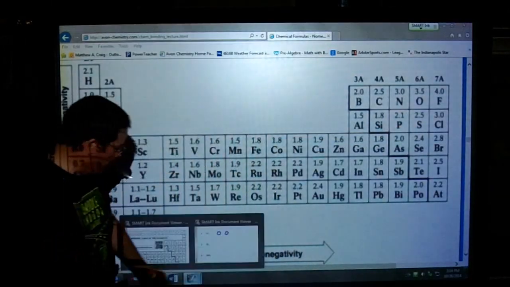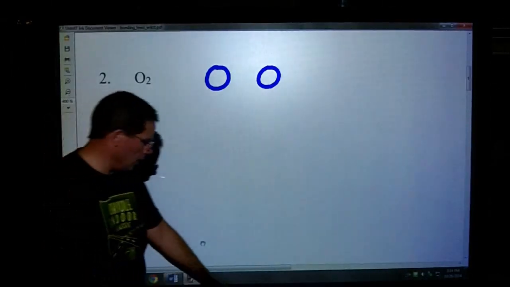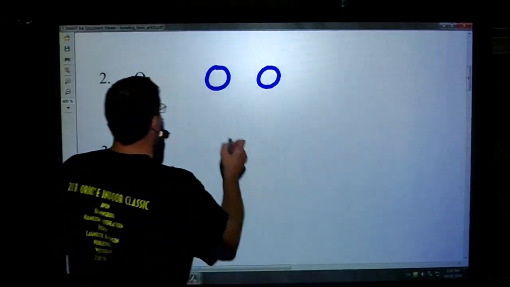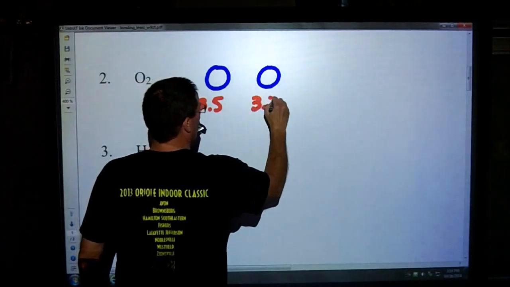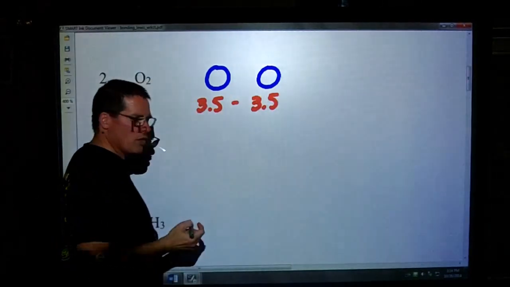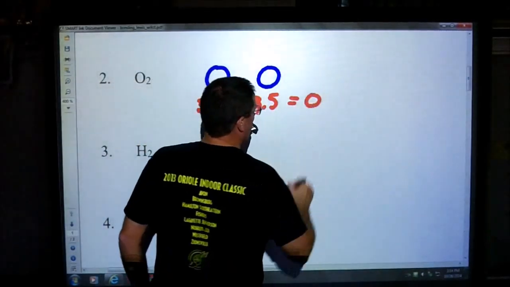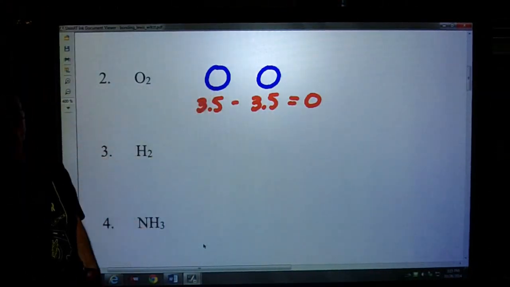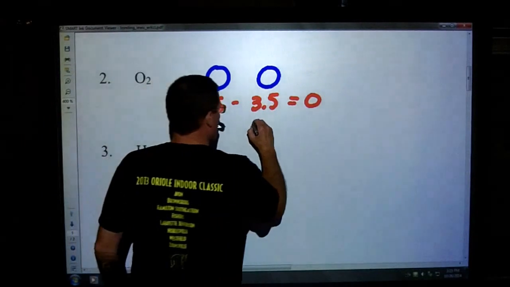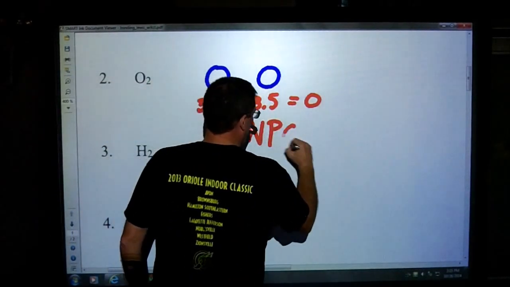Now, some of you may say, well, wait a minute, do I even need to show that calculation? Absolutely. Be sure to show that. So what that means is we have a difference in electronegativities of 3.5, which gives us a value of 0. So the type of bond that we have between the oxygens happens to be non-polar covalent.